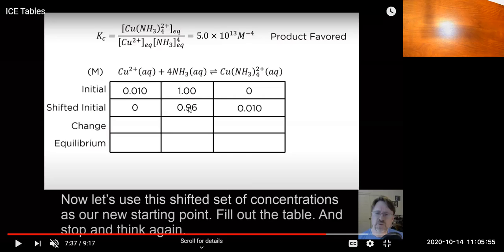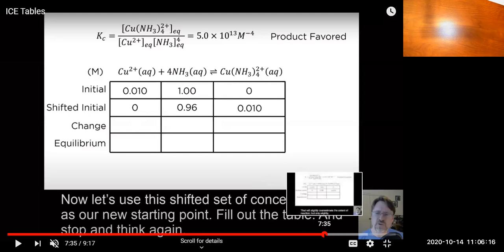And we subtract off 4 times that amount of ammonia because there's a stoichiometric ratio of 1-to-4 here. At that point, we now know, or we now strongly suspect, that we're pretty close to equilibrium. It's not going to be right because there's going to be a little bit of copper 2+ here, but it's not going to be much. So this is going to be close.